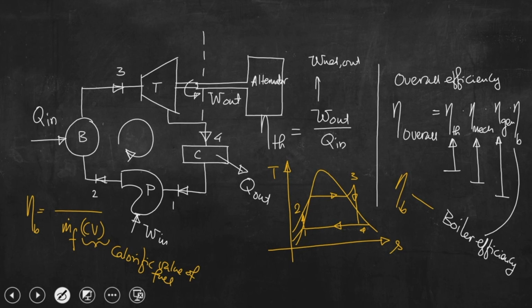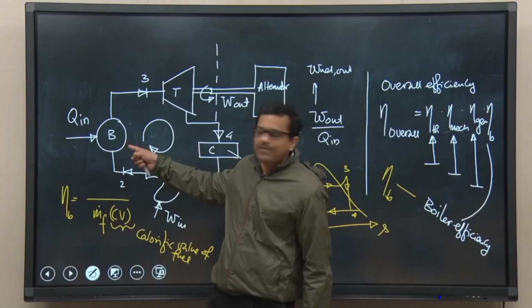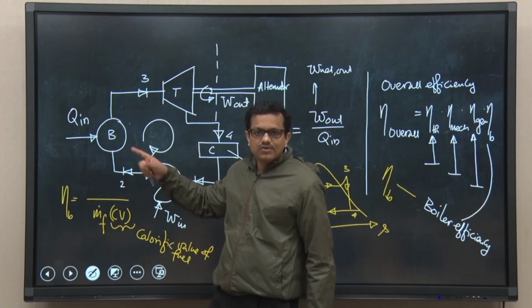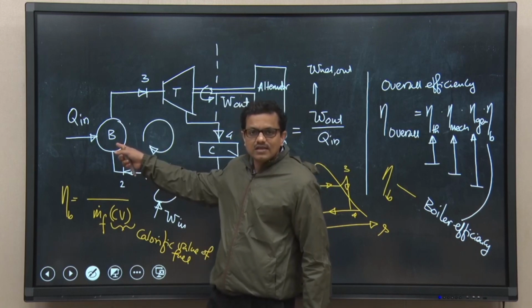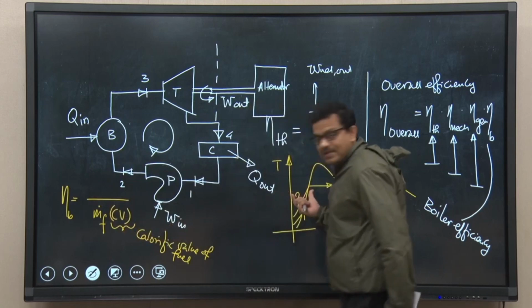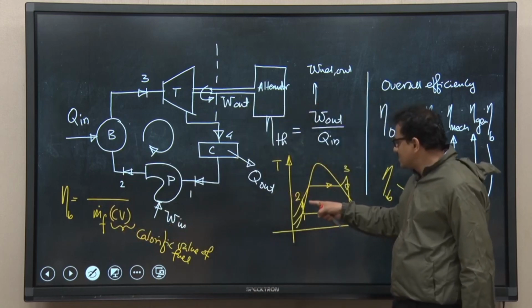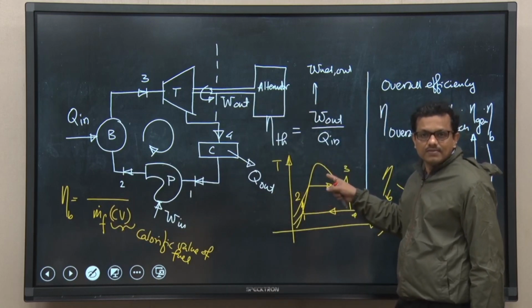Now, let us look at the TS diagram. As I told you, in one of the previous classes we discussed that if we apply the steady state steady flow equation to the process inside the boiler, the process is mapped in the TS plane, and we know this process is constant pressure heating.